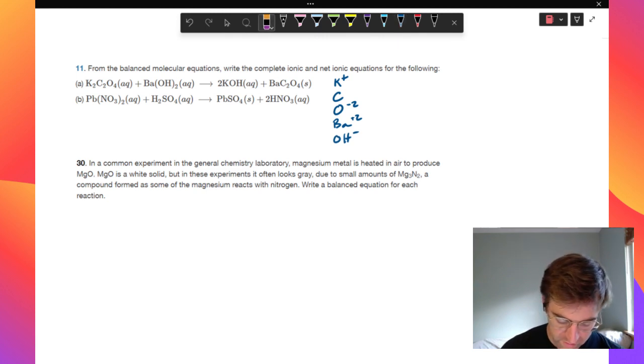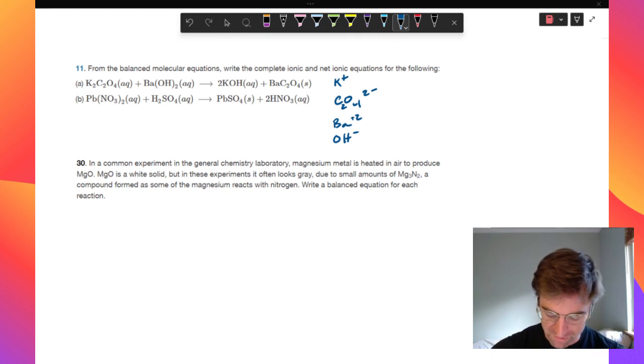We actually want to look at this here, which has its own 2 negative charge. And what is that?